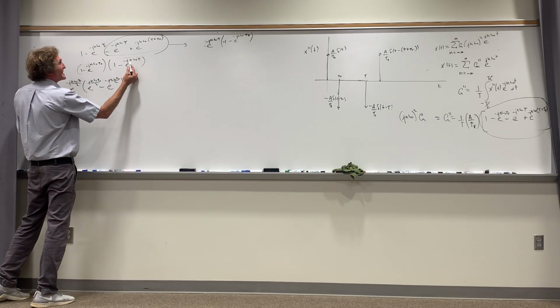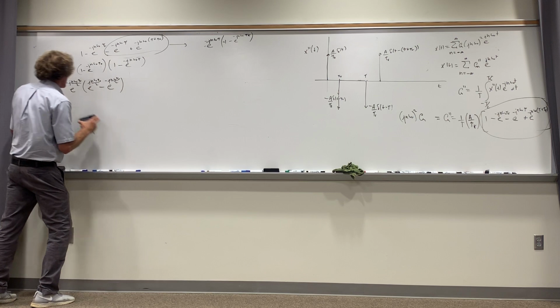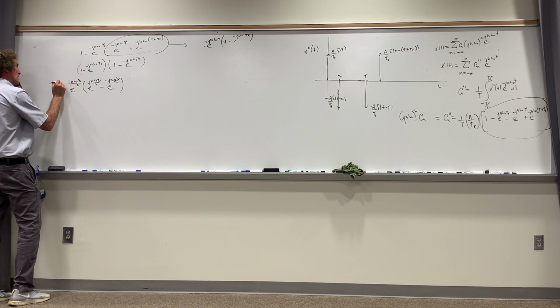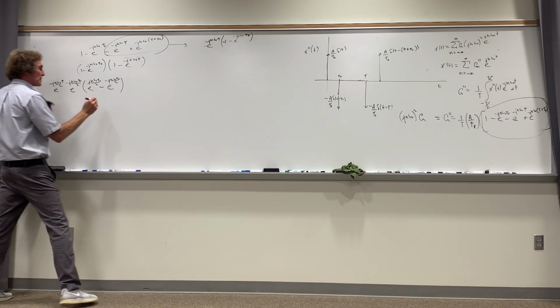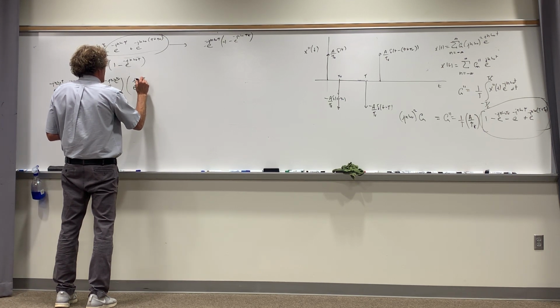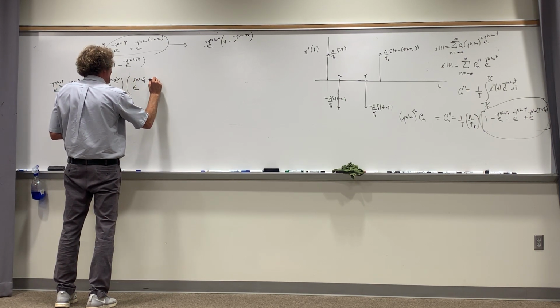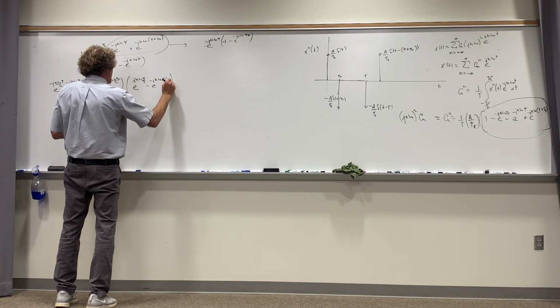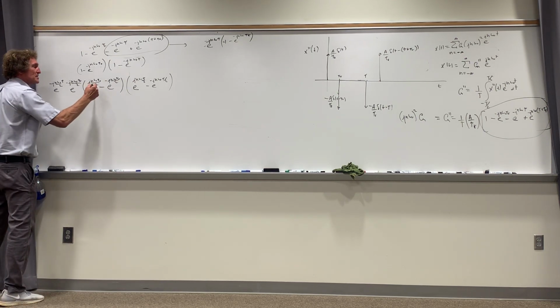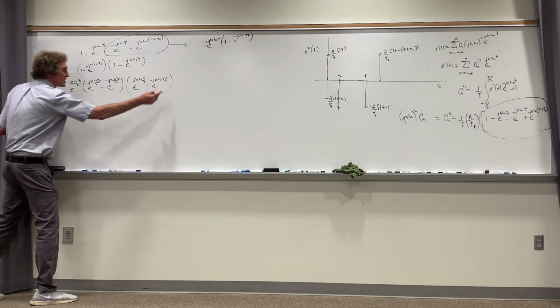I'm going to take an e to the minus j n omega naught tau out over 2. So it's going to be times e to the minus j n omega naught tau over 2. Then I get e to the j n omega naught tau over 2 minus e to the minus j n omega naught tau over 2 here. Follow me? Any guesses what I do next? Euler's method. Isn't this really 2j times the sine of that argument? Yeah. And isn't this 2j times the sine of that argument?